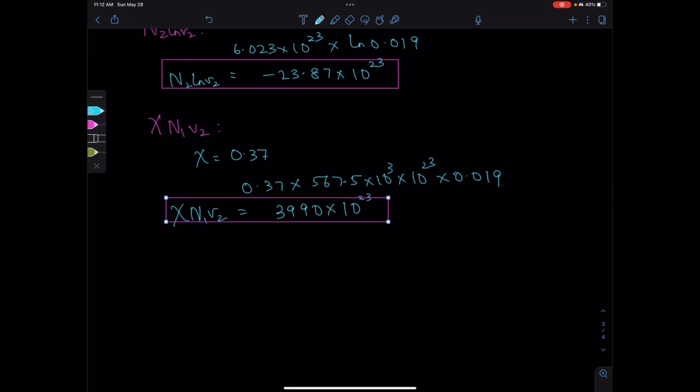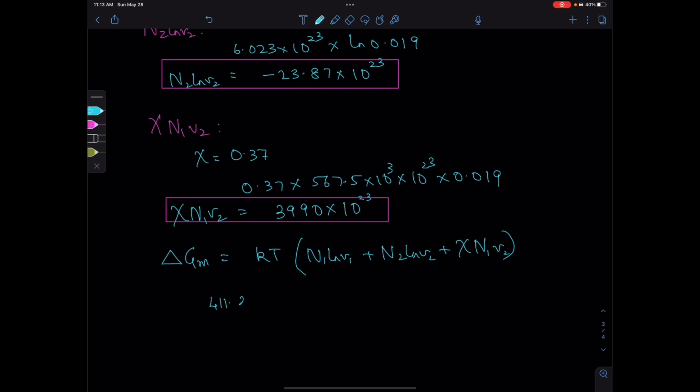Now, delta G of mixing is kT times N1 ln V1 plus N2 ln V2 plus chi N1 V2. So kT was 411.24 times 10 to the negative 23. N1 ln V1 is negative 11455 times 10 to the 23.